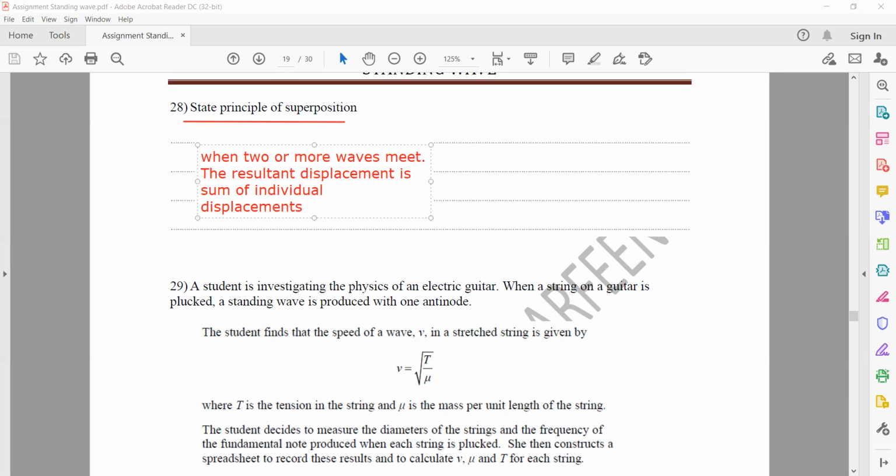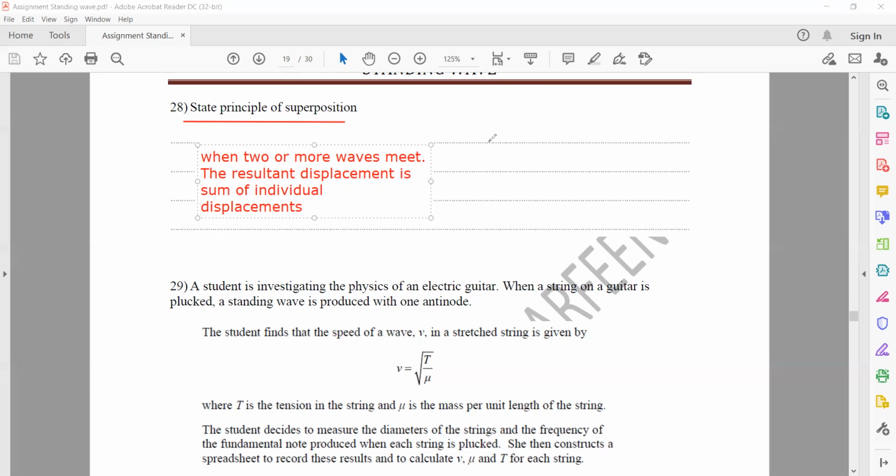Whenever two waves are combining, you should always use the term interference. But this is called the principle of superposition. The principle of superposition is about the amplitude: when two waves combine, the resultant amplitude is equal to the sum of the individual amplitudes.